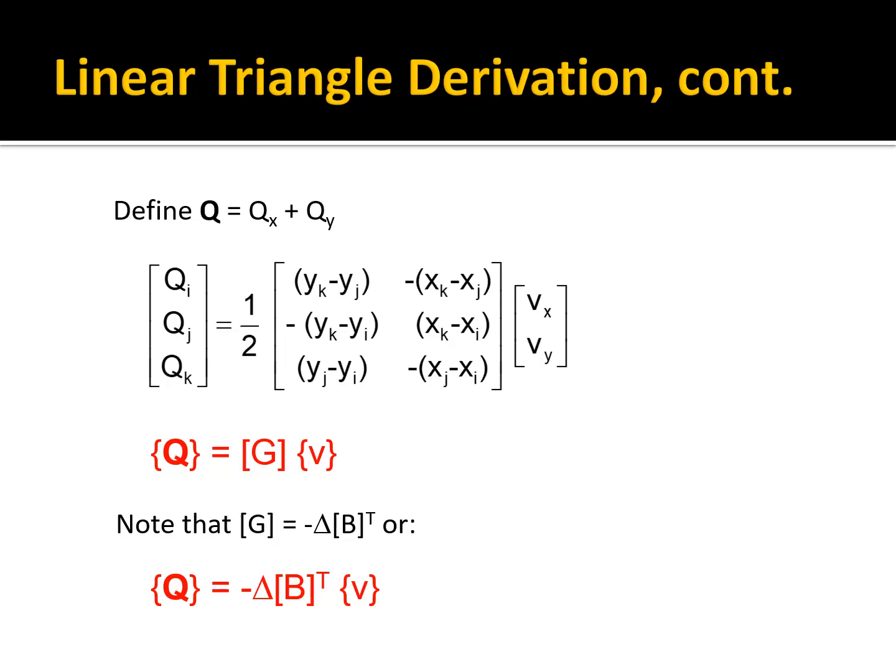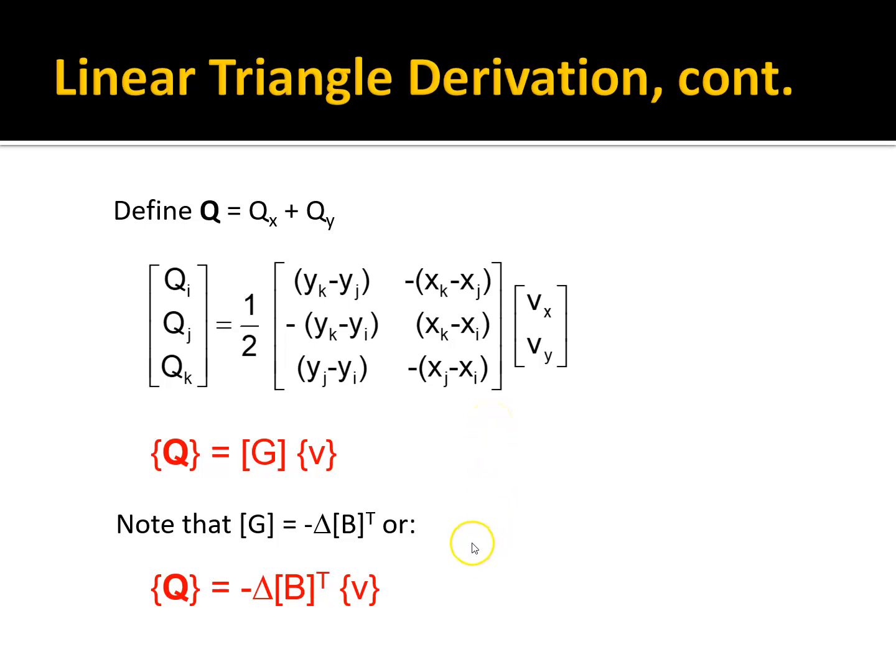And so now, again, we have an equation for flow rates Q as a function of this geometry matrix times velocity. So this is like an area matrix, another form of it.